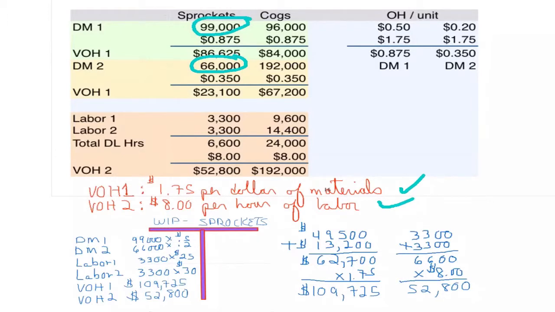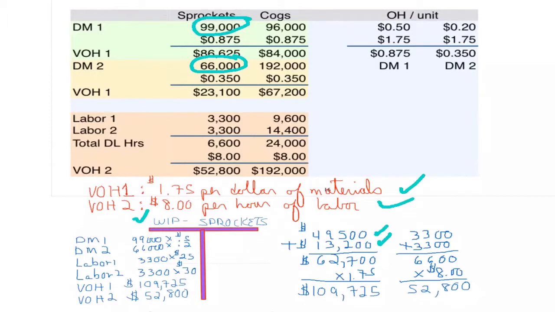And I have a work in process account here for sprockets. And direct material 1, we can see was 99,000 at 50 cents each. So that gets us to 49,500. Direct materials for 2 was 66,000 times 0.2, or 13,200. So the total then for direct materials is $62,700.